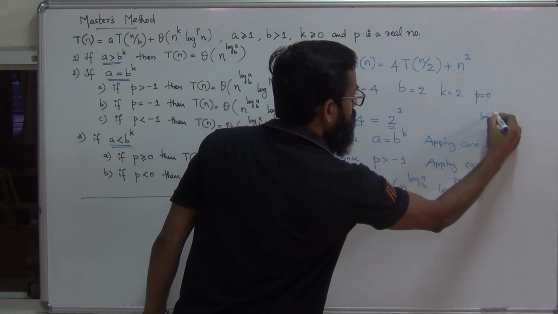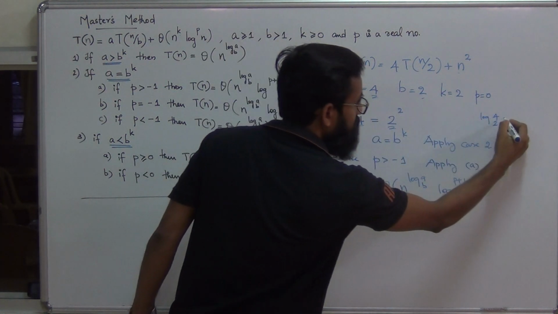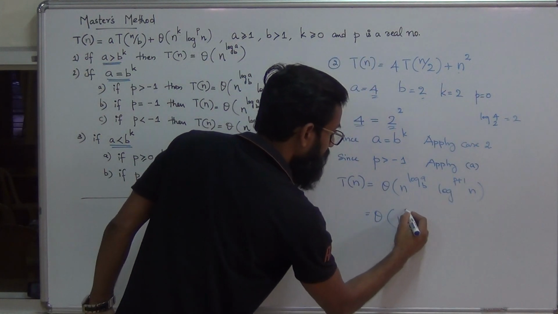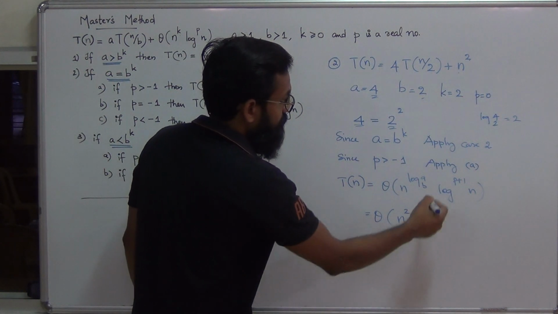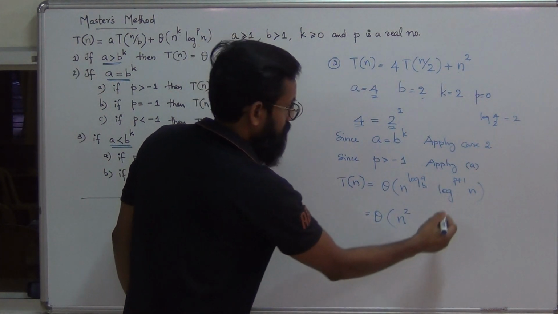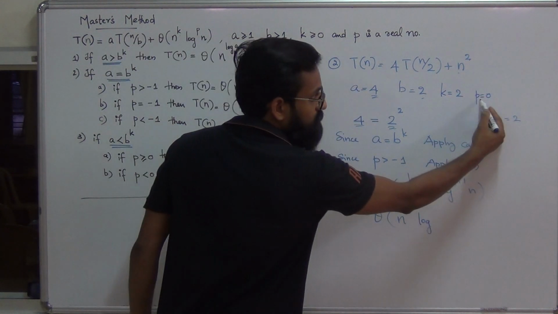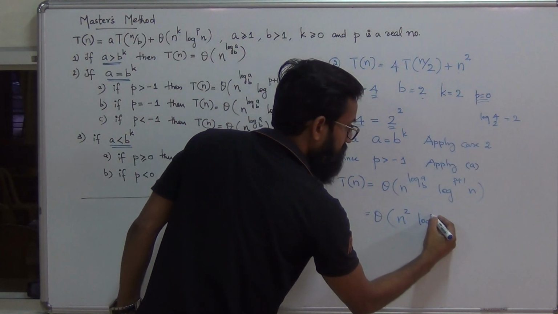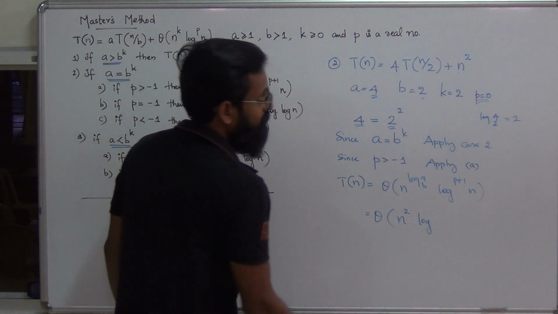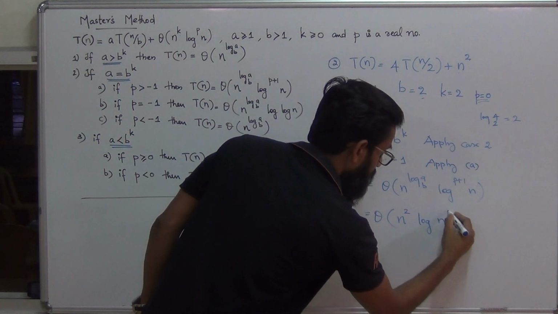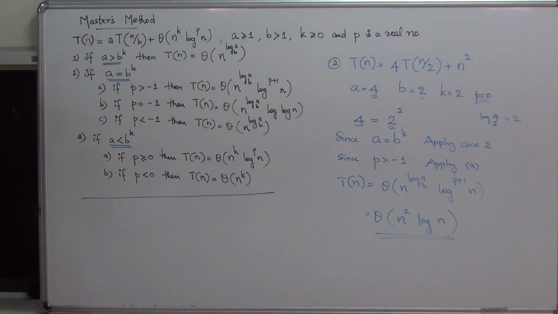That is log 4 to the base 2, which is equal to 2. So here it will be n^2, followed by log^(p+1). So p is 0, p+1 is 1 itself, so log raised to 1, which is log n. So this will be the runtime, n^2 log n.